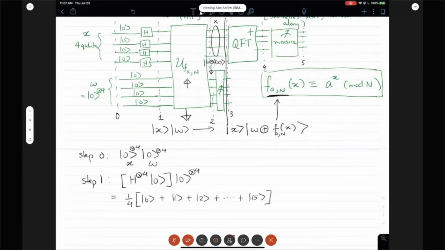I'm going to remind you that it doesn't generally make sense to write down states like this. Instead, what we have is a 4-qubit state. Every time you see 15 here, what it really means is 1, 1, 1, 1 in binary. So to make it very clear what we're doing and avoid any confusion, I'm going to write down 4 under each one of them.